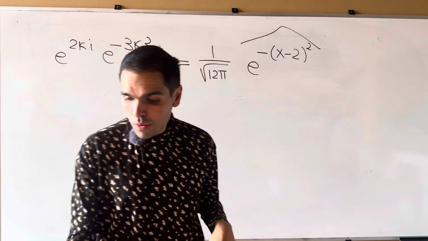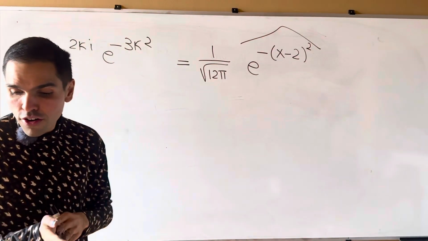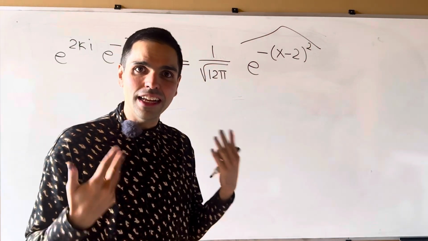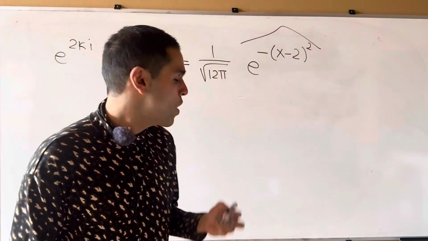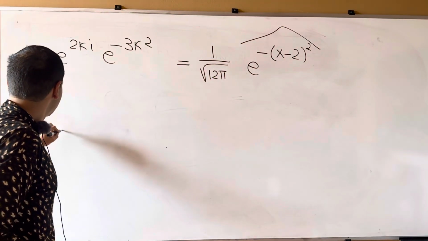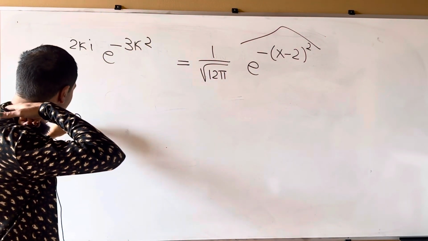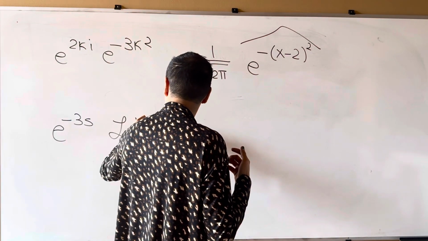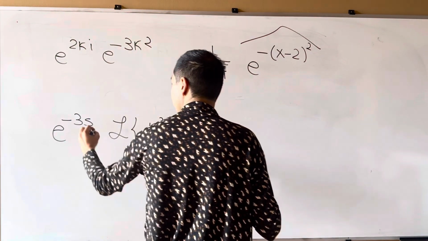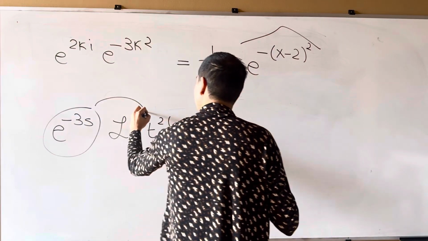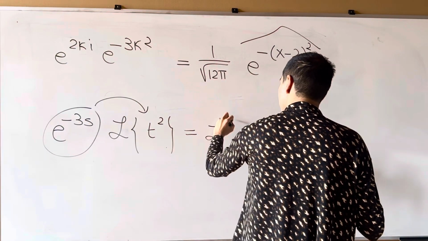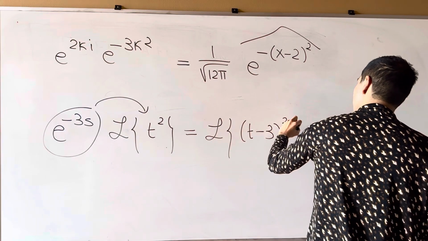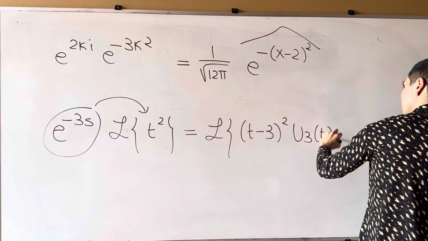And I do just want to mention two things. First of all, you have seen this before in the Laplace transform, where we had, for instance, e to the minus 3s times the Laplace transform of t squared, and what this did is just shifted and jumped, so (t minus 3) squared, u_3 of t.